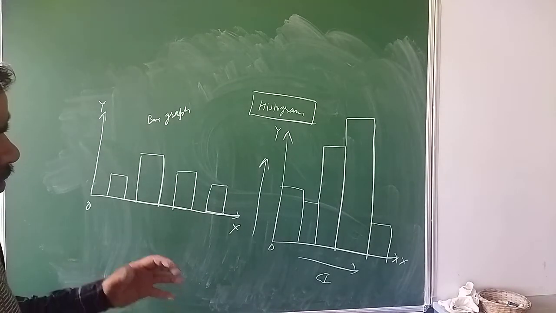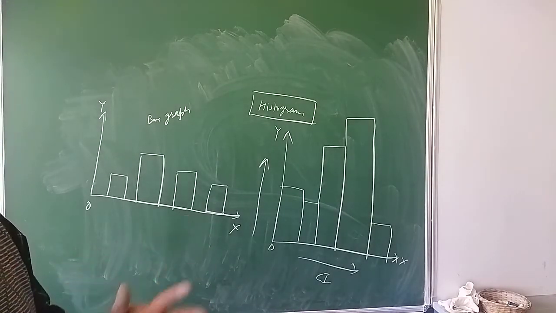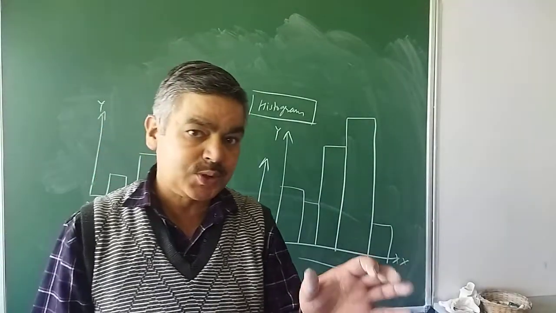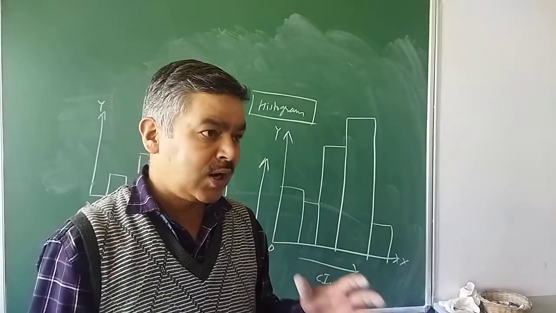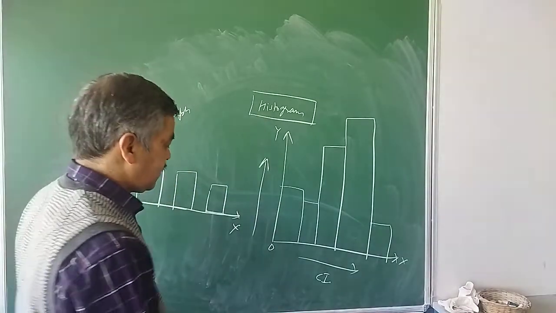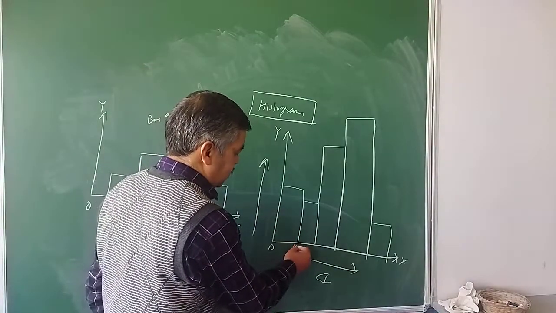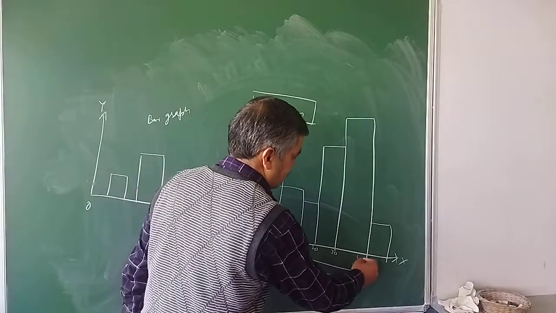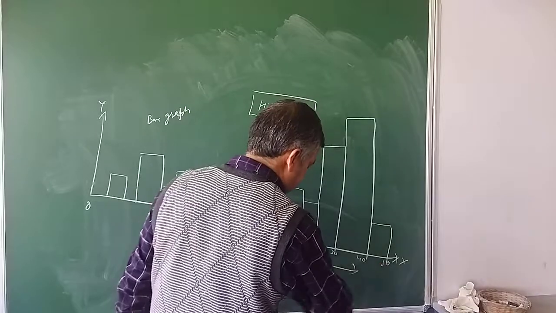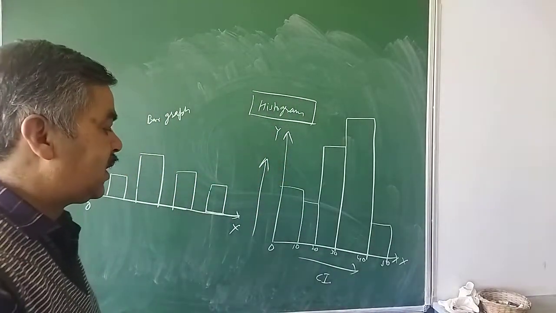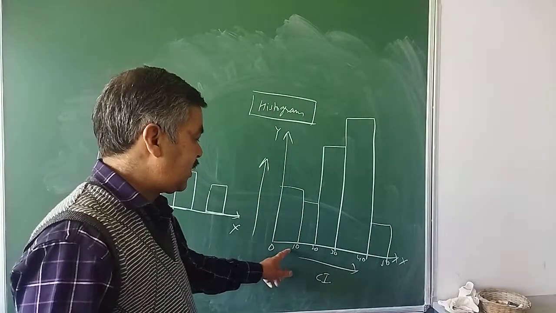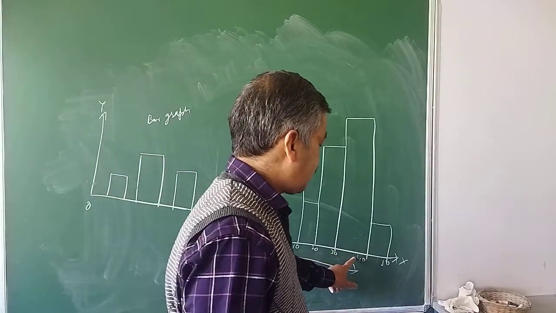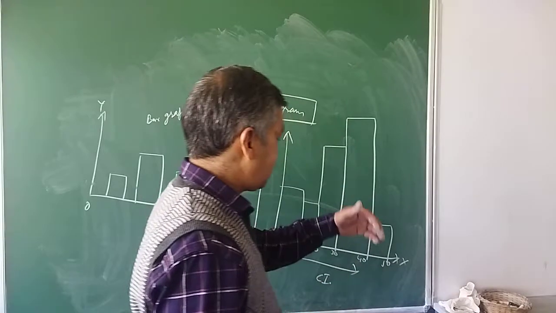When you are preparing your frequency distribution, you need to write the data in groups, kept in such a way that 0 to 10, next 20, next 30, next 40, next 50, in continuity, no gap will be there. So 0 to 10, 10 to 20, 20 to 30, 30 to 40, 40 to 50, and so on.